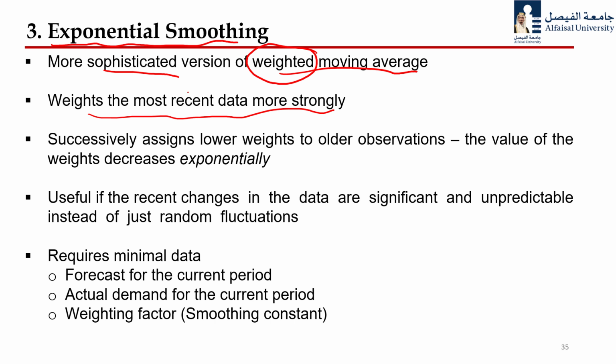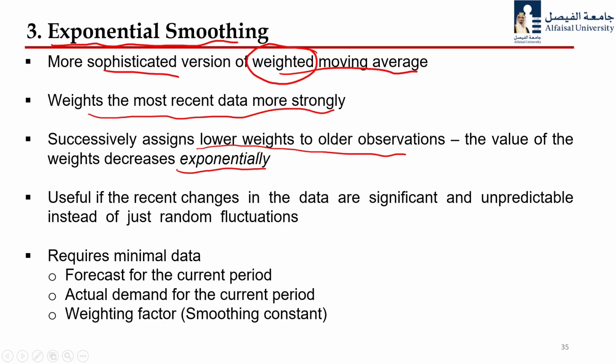So how does it assign the weights? It assigns a higher weight to the current values in the recent past of the data, whereas it assigns a lower weight to the older observations, and it decreases those weights exponentially.